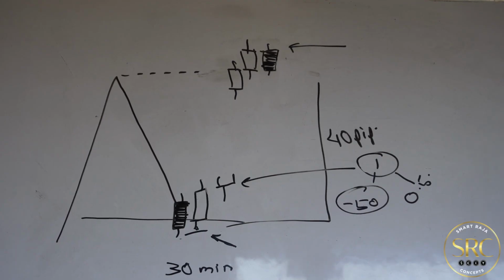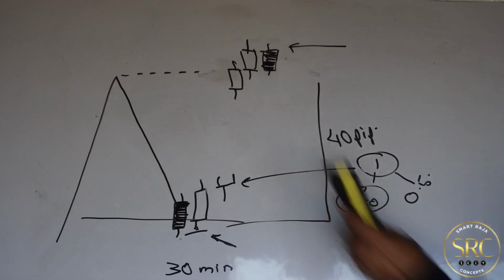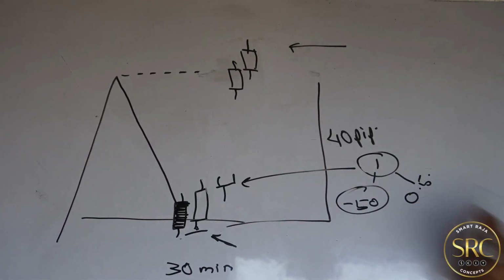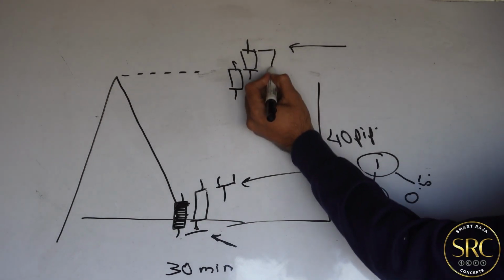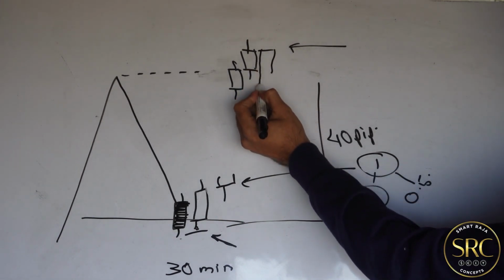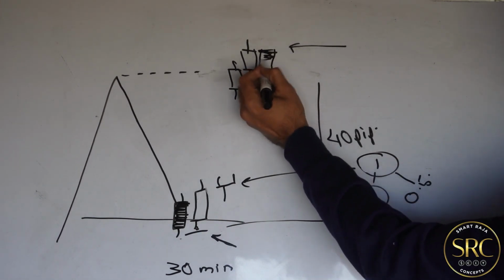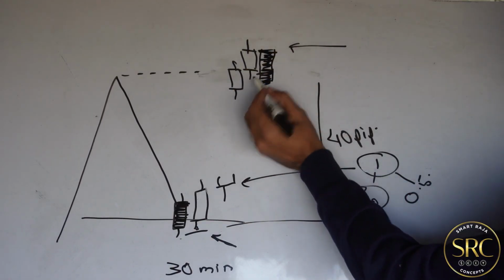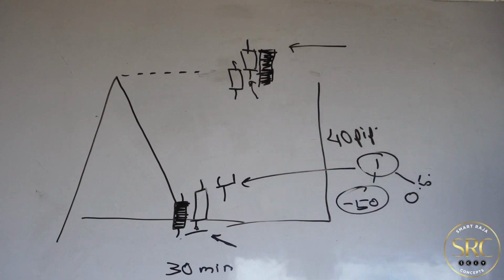Now, let's say the 15-minute candle does not close bearish, but the 15-minute candle breaks the low. Let's say this candle is still open and breaks the low of the previous candle, this one. Boom, 50% off the table, 100%.